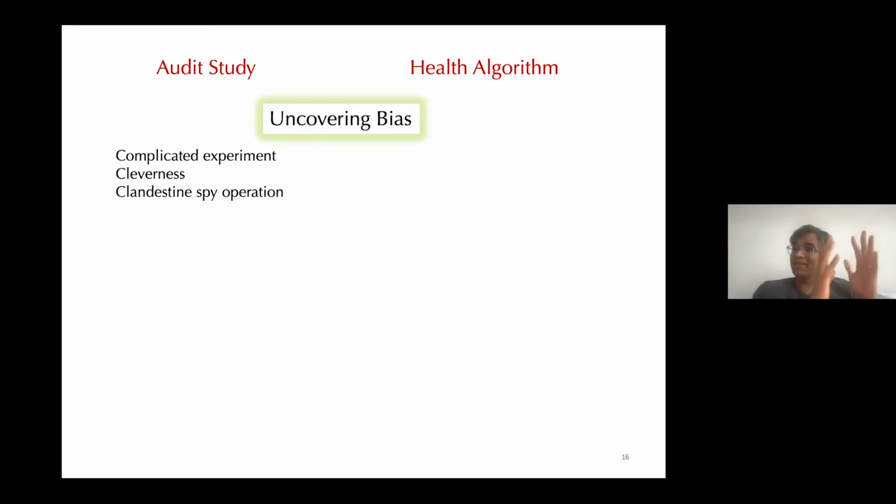We could only do it at this beginning stage of answering callbacks. If you want to do it at later stages, as people have done, it gets even more complex. Now you have to hire individuals to be actors, send them in. And then, as Heckman has pointed out in some of his good work, it's not clear the actors are the same. Are they behaving the same? You can't control it. You start to lose stuff. So uncovering bias in the audit study was just a hard activity that you barely squeak by.